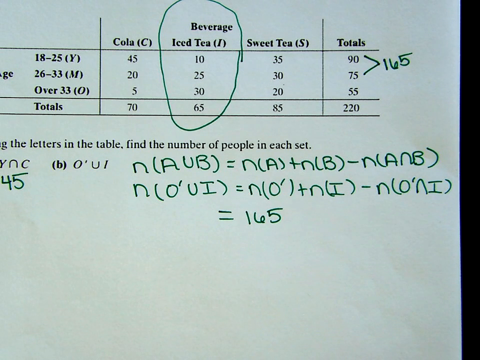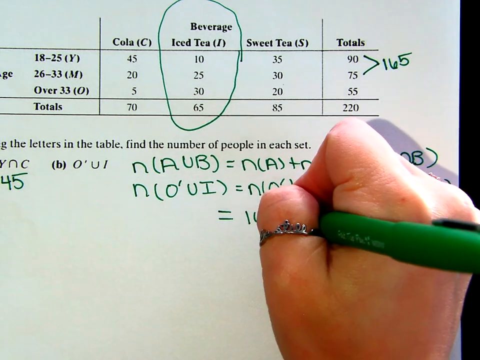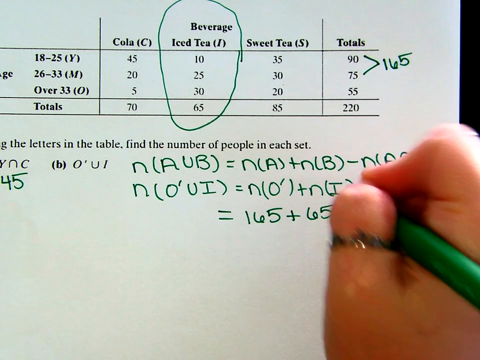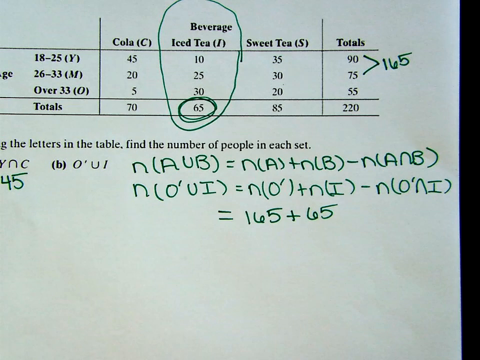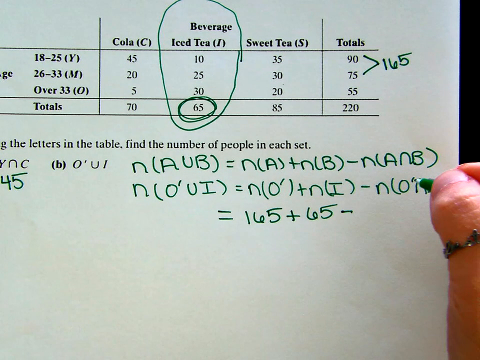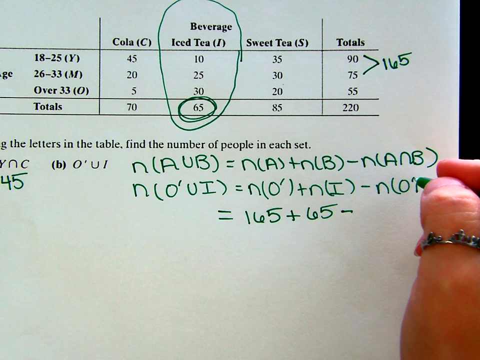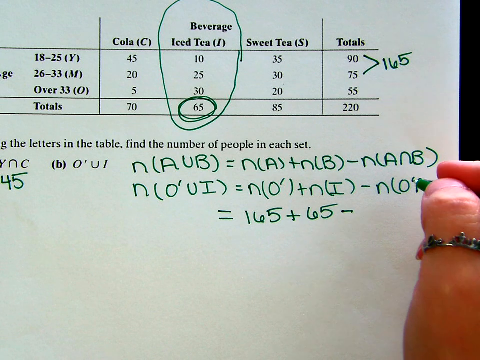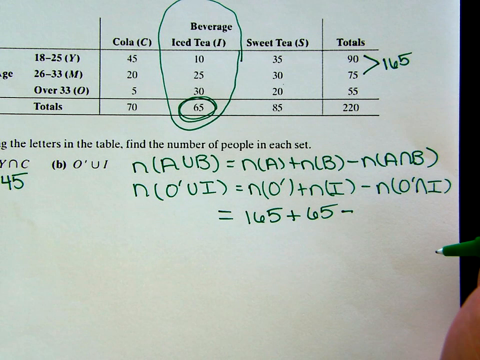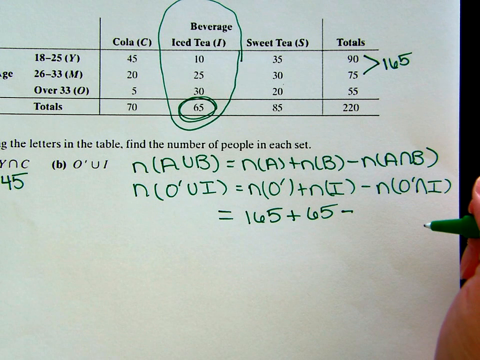And then the number of iced tea drinkers is how much? 65, because that's given right here. And then how many are old and tea drinkers? Or not old, sorry. It needs to be not old and tea drinkers, because this is O complement. It's 35, because it'll be both the young and the middle-aged tea drinkers.